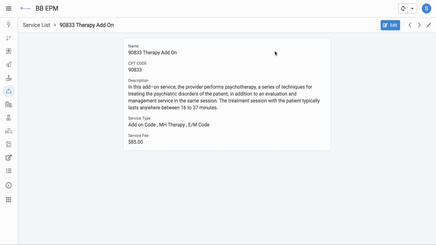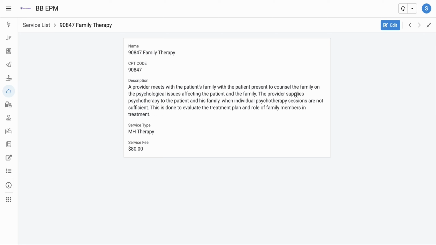Let's take a look at the 90847. So for providers, especially licensed marriage and family therapists, but also for normal psychotherapists, you run into family sessions, couple sessions all the time. The 90847 is utilized for family therapy. Now, in the description of this code, a provider meets with the patient's family with the patient present.